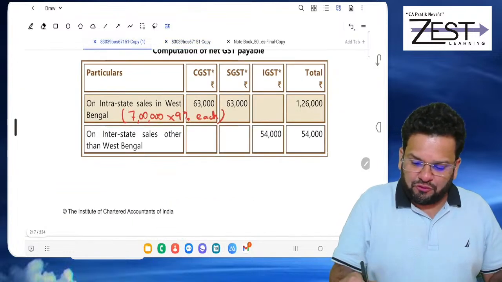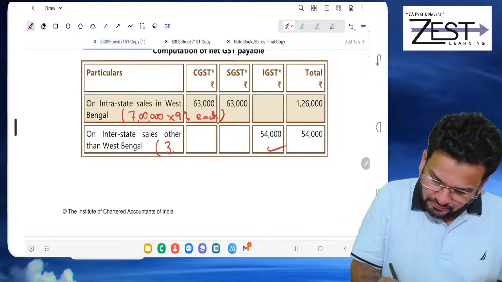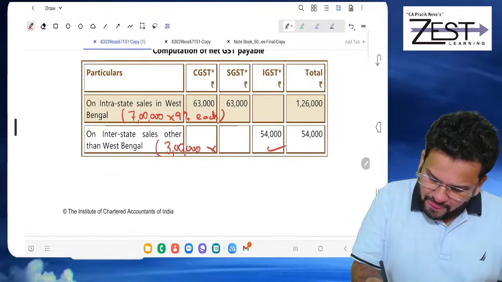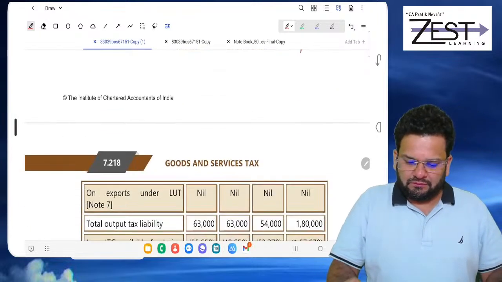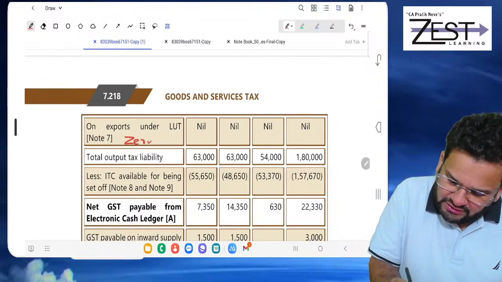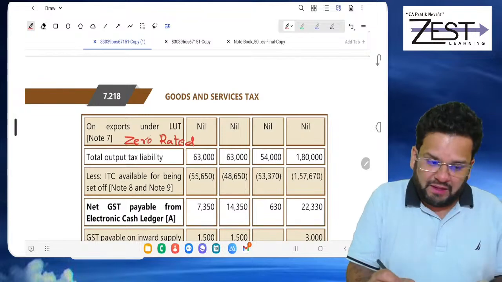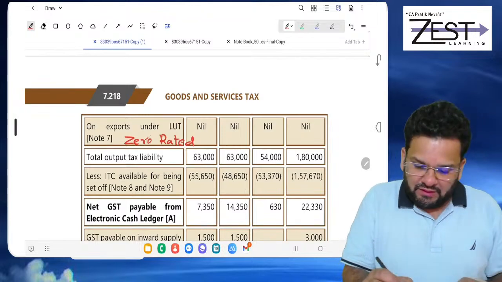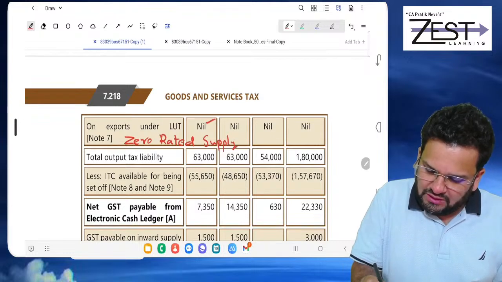That will be 54,000. Are you getting it? Don't do the total column. And as I told you, this is a zero rated supply. The supply which is export is a zero rated supply. So it will be nil, nil, nil.